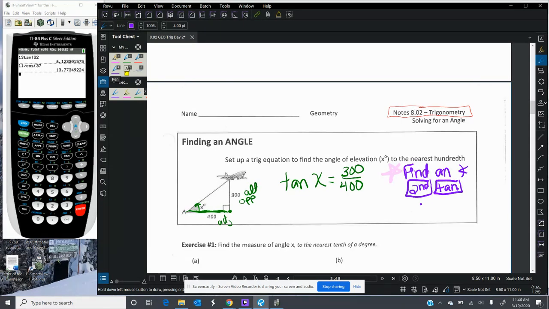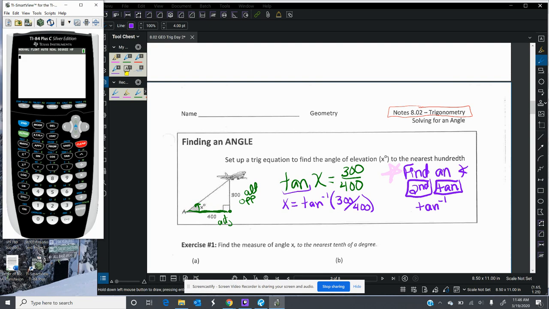What that brings up is tan to the negative 1, or if we press second cosine, cosine to the negative 1. It's essentially trying to undo this tan so x can stand alone. How we're going to write it is we just jump to the next line. We'll say x equals tan to the negative 1 of 300 divided by 400. So I'll show you in the calculator how that works.